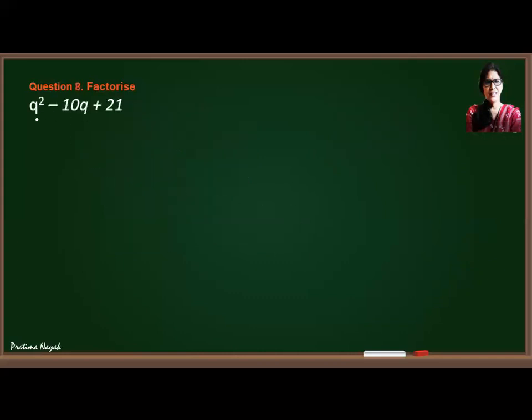Next is a different question. Why? Now we are getting a negative. B is negative here. B is minus 10. Okay. So this is q square minus 10q plus 21. What does it mean? When you multiply two terms, this gives you 21.